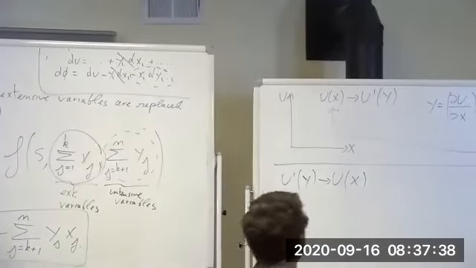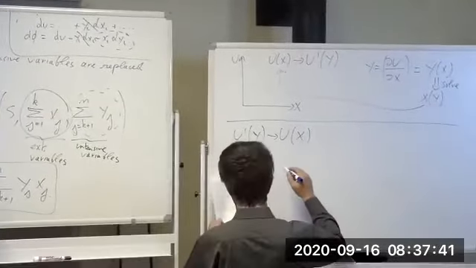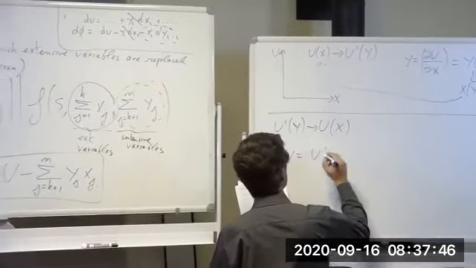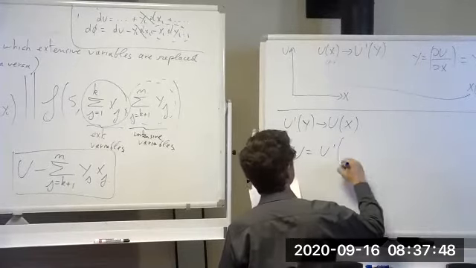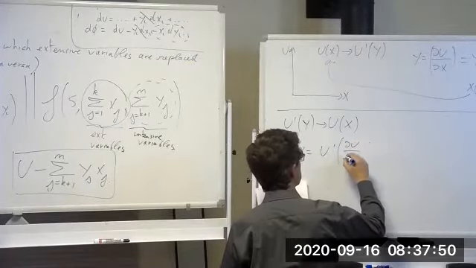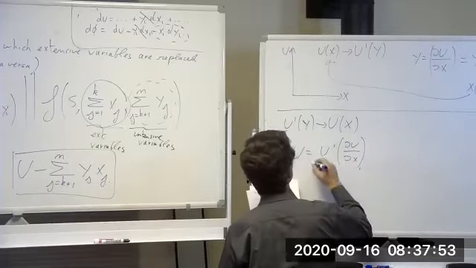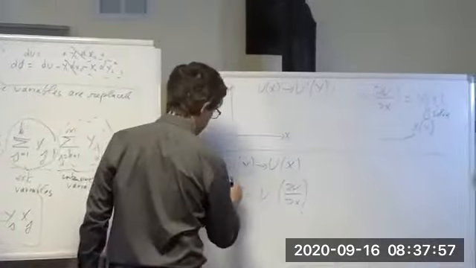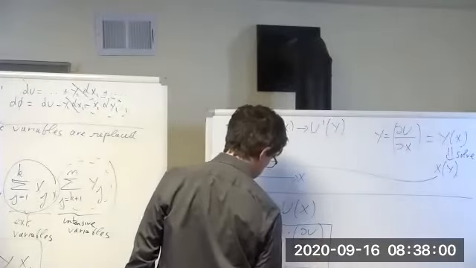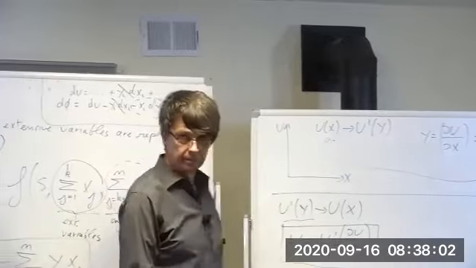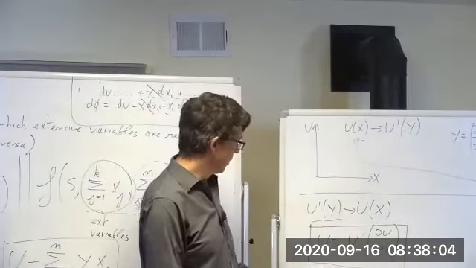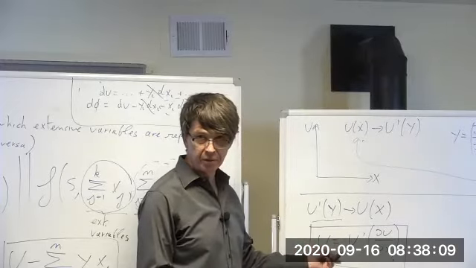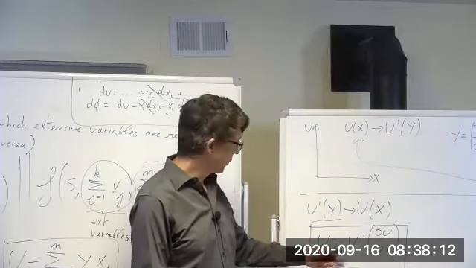Really, what we're saying here is that what we have is a function u prime as a function of y, and y is du/dx. This is the translation of what I've written here. And what is that? Well, that's a messy differential equation, right? So u prime is some function.